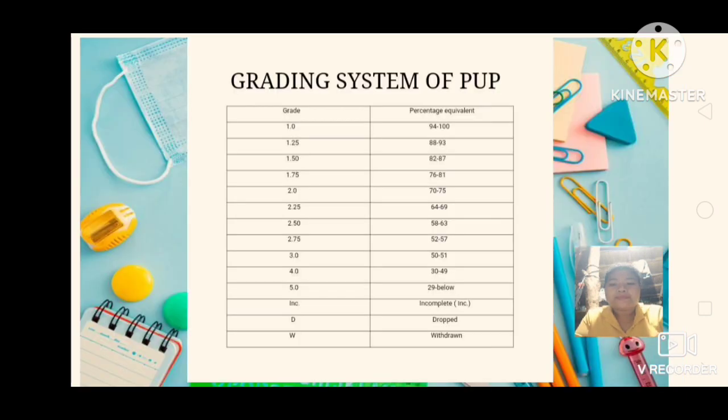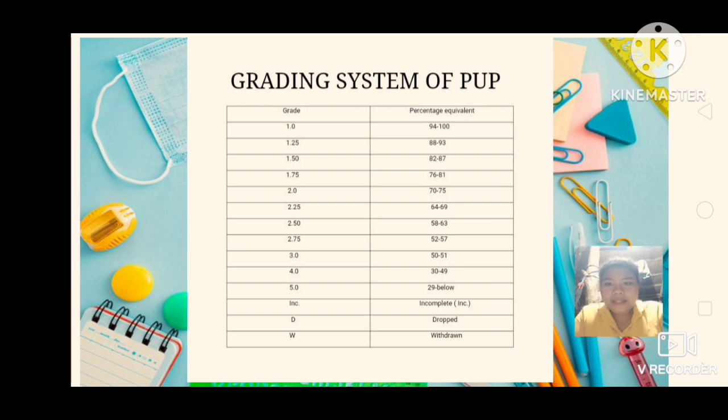For example, the grading system of the Polytechnic University of the Philippines, or PUP, is based on a fixed criterion measure wherein the grade of 1.0 is equivalent to 94 to 100. We have the grade of 1.25 equivalent to 88 to 93. The grade of 1.50 is equivalent to 82 to 87, and so on.